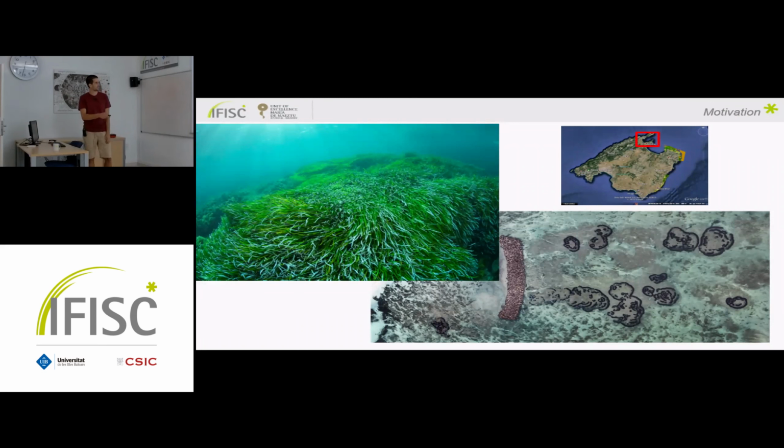For example, here we have in this image that was taken in Pollensa, here in Mallorca, how the Posidonia has arranged in a different distribution. It's creating these kinds of rings that expand in time, and these rings interact with each other when they collide. For example, here we can see this ring that has collided with another one and they break.